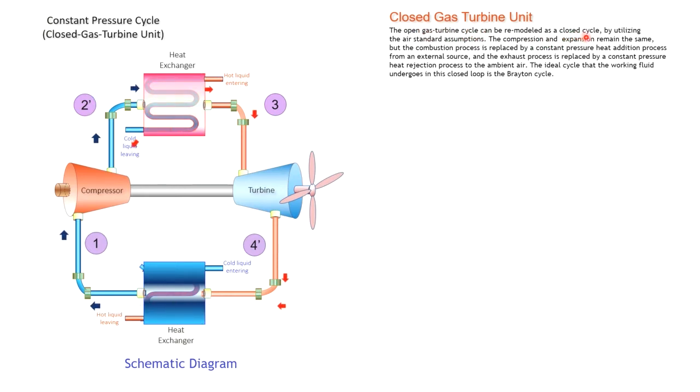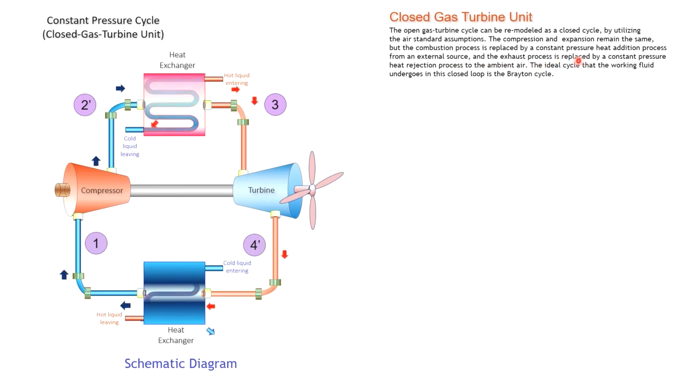The open cycle can be remodeled as a closed cycle by utilizing the air standard assumptions. The compression and expansion remain the same. The combustion process is replaced by a constant pressure heating process by some external source.